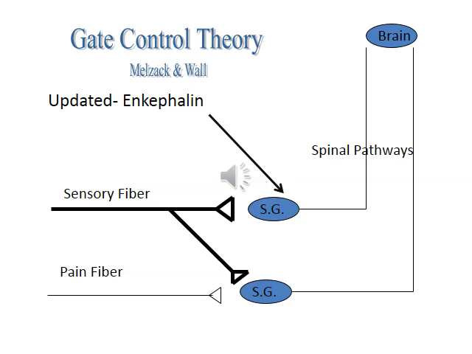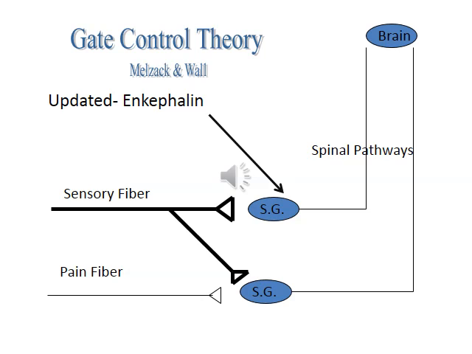Now, the one thing about this theory was that they felt it was incomplete, and there were reasons for thinking that. What they discovered, and I have this up here with the updated enkephalin, is that enkephalin is a morphine-like substance inside the body. Your body has all your own natural chemical painkillers, if you will. Your body has its own pharmacy of pain-killing substances.